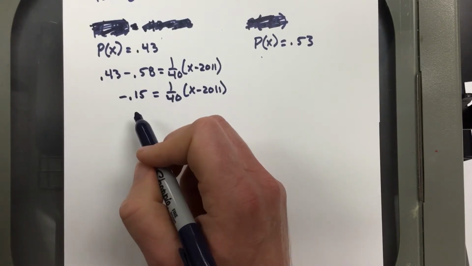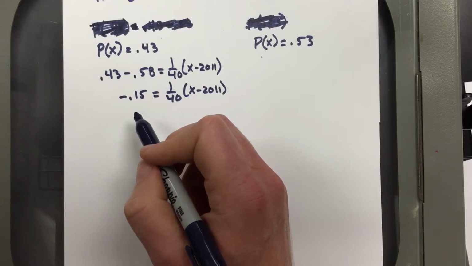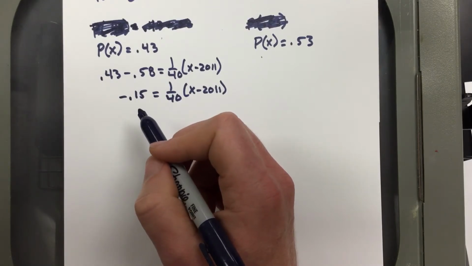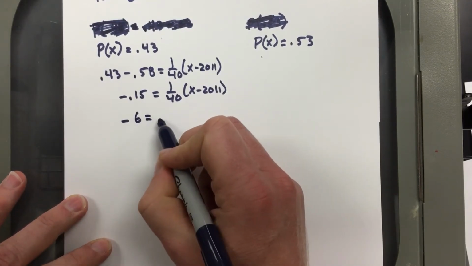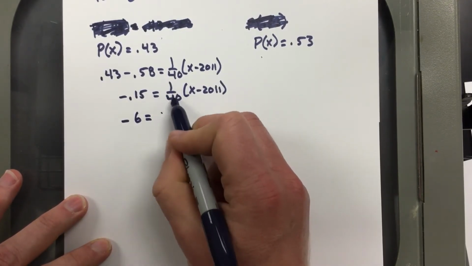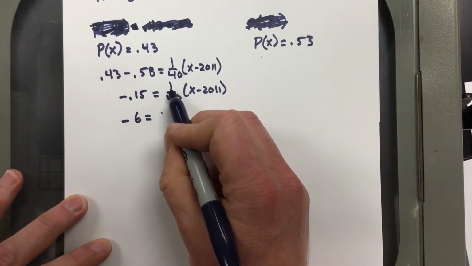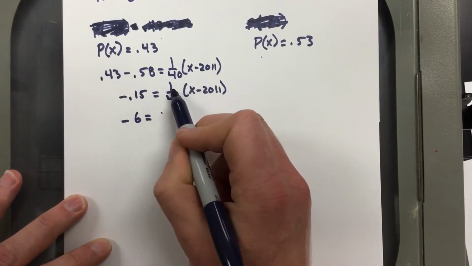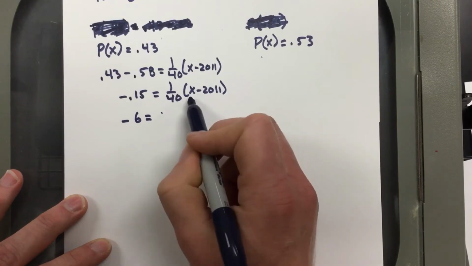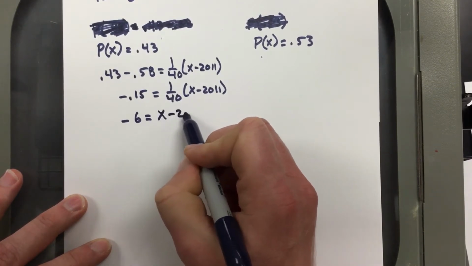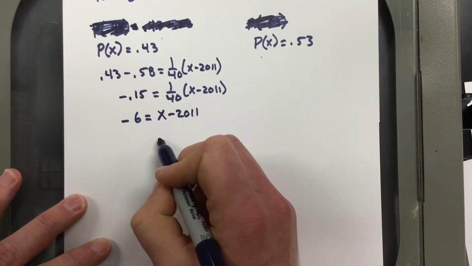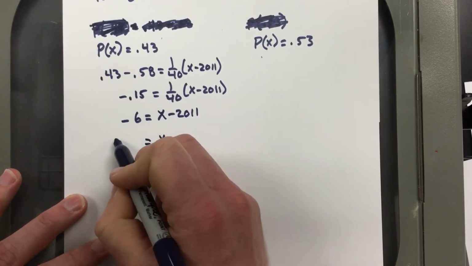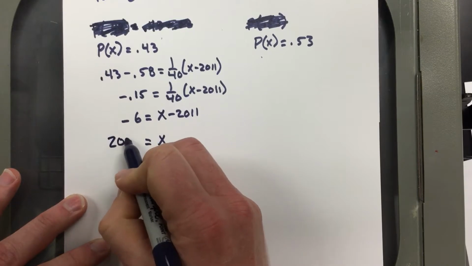I take 40 times 0.15, and that's going to be negative 6. When I multiply 40 by the fraction 1 over 40, that's going to give 1, so I can just write x minus 2011. So now I can add that to the other side, and I end up with x equals 2005.